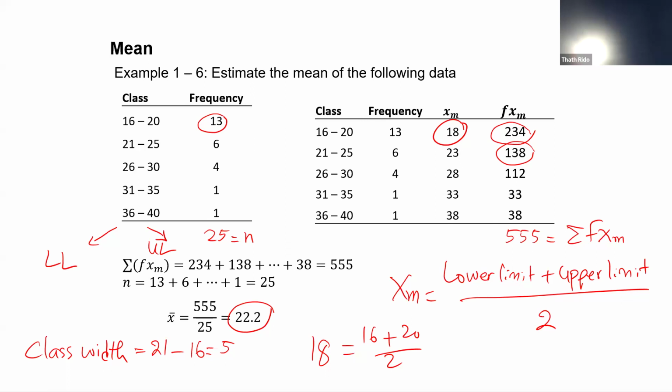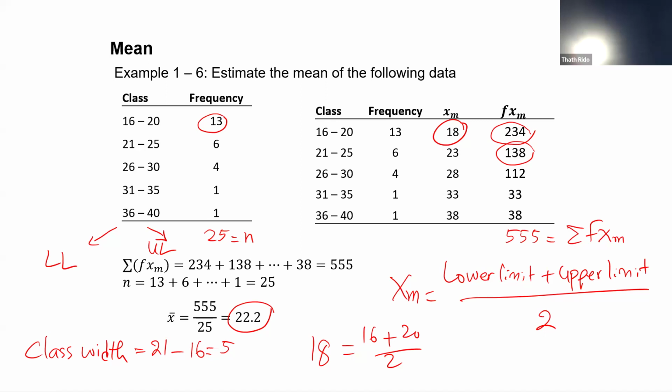And 20, 25, 30, 35, 40 are called the upper limit. We add the lower limit and upper limit and divide by 2. That is the midpoint. The symbol is XM.